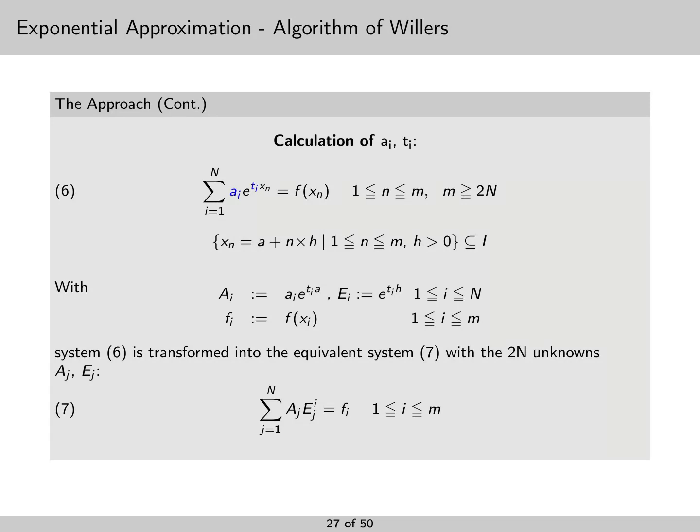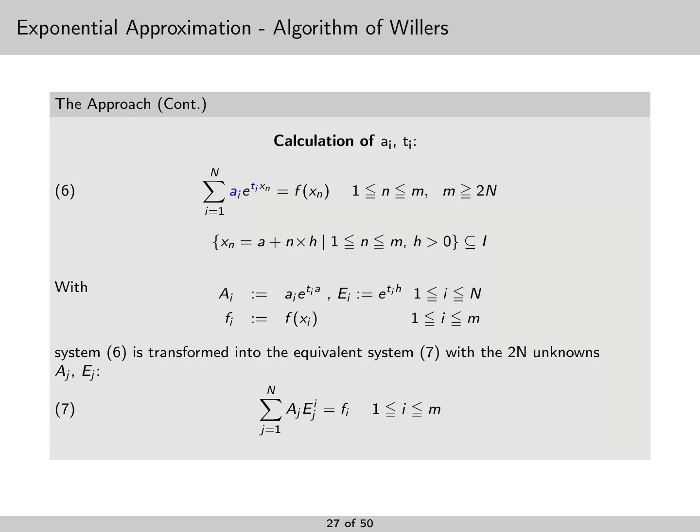Similar to the approach of Meinardus, with these definitions of capital A_i, capital E_i, and F_i, equations 6 are transformed into the equivalent system of nonlinear equations 7 here, with the 2n unknowns capital A_j and capital E_j.